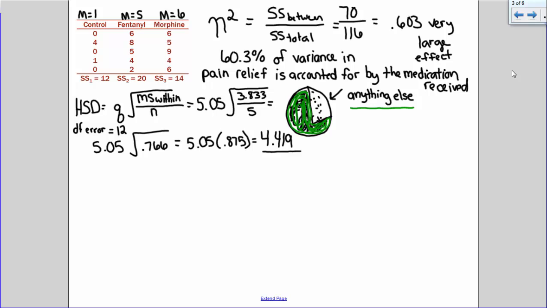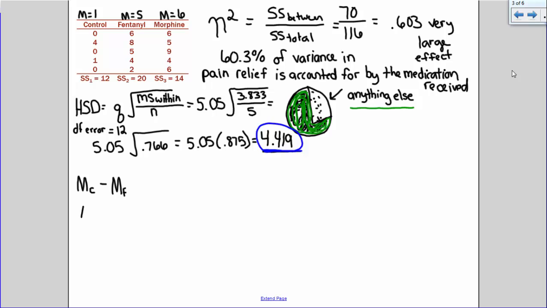So now we need to figure out all of the possible pairwise comparisons to see what the mean differences are to then compare that to Tukey's HSD, which I'm going to color code in blue. Alrighty. So we need to take the mean for the control group minus the mean for the fentanyl group.